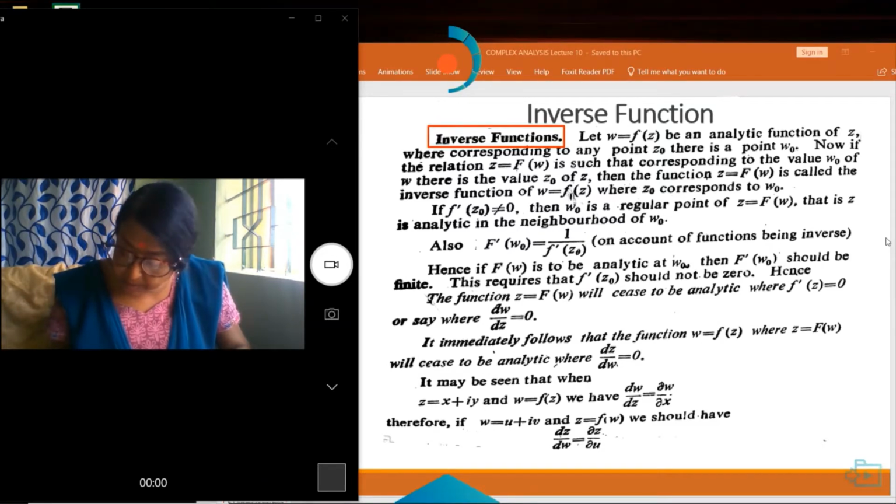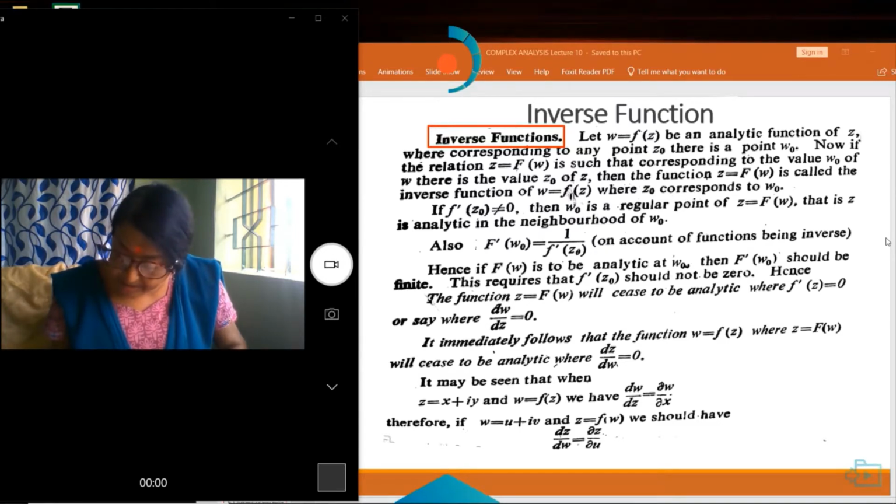If f'(z0) is not equal to 0, then w0 is a regular point of z = f(w). That is, z is analytic in the neighborhood of w0. Also, f'(w0) = 1 / f'(z0).